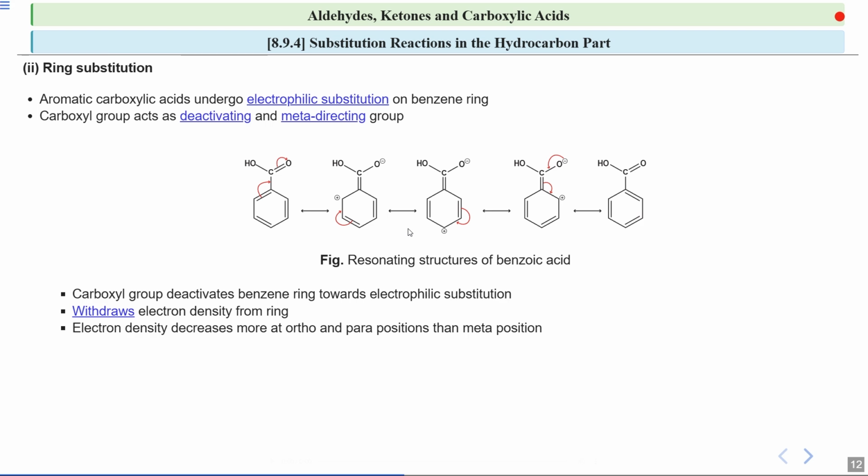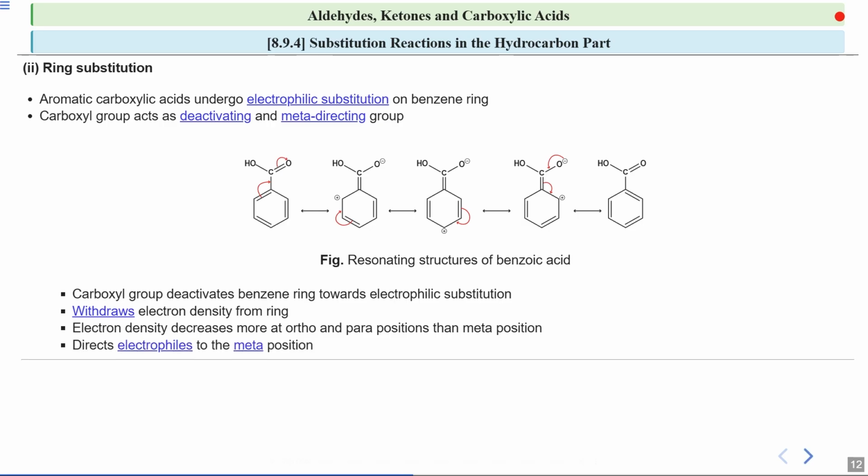That is why the density decreases more there. In other words, the carboxyl group makes the ortho and para positions less reactive. So the meta position becomes the preferred site for the substitution. The incoming group prefers to get attached at the meta position.